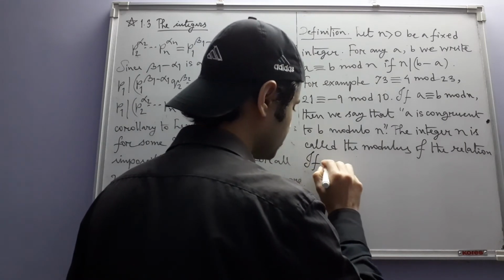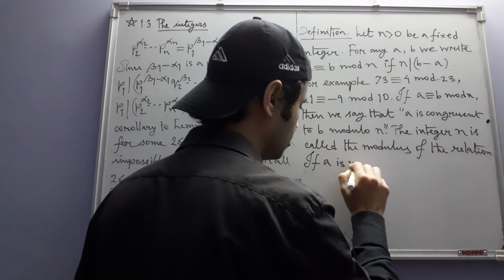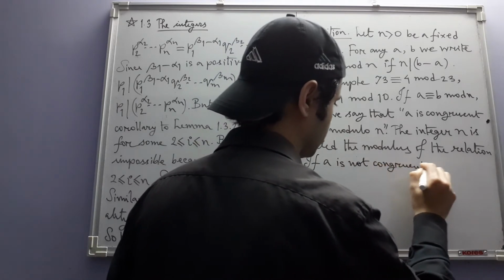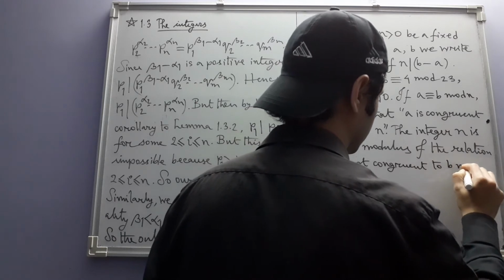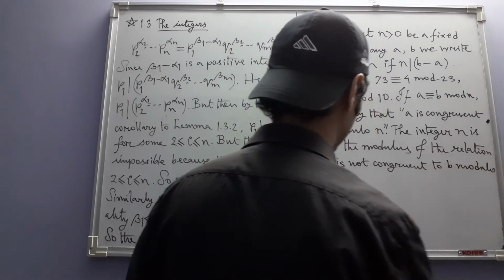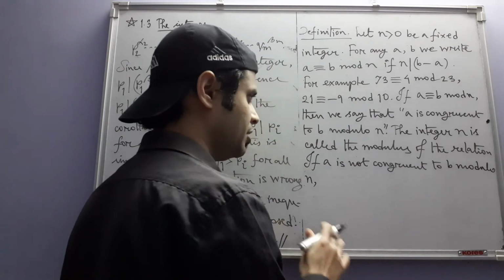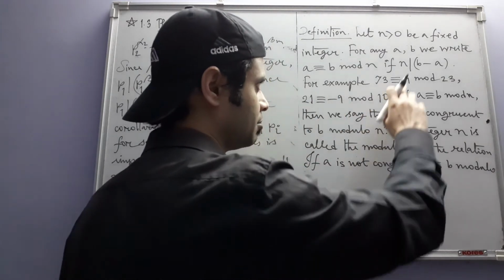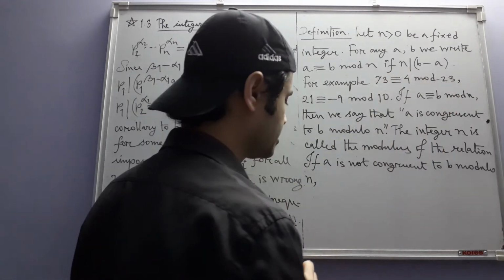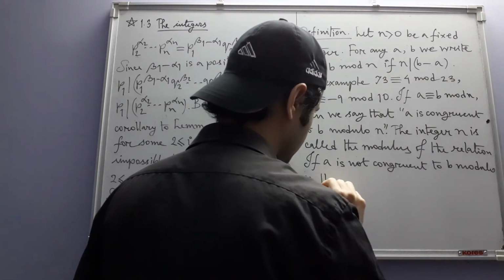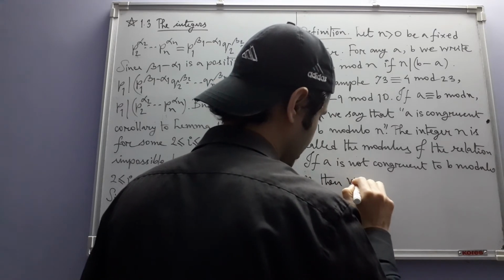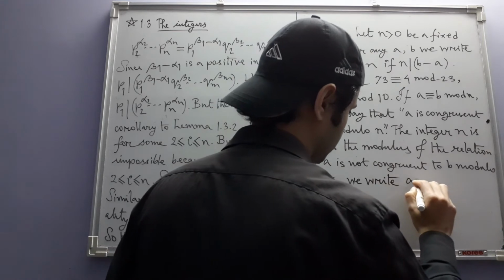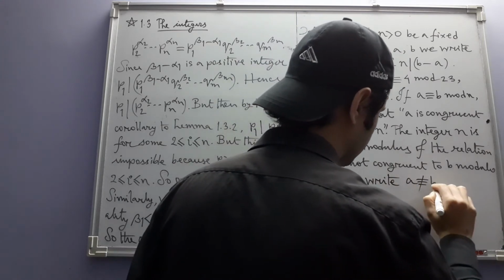If a is not congruent to b modulo n, that means if this relation does not hold for some a and b, that is if n does not divide b minus a, then we write this, we just write it down.